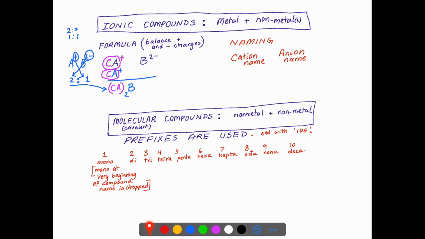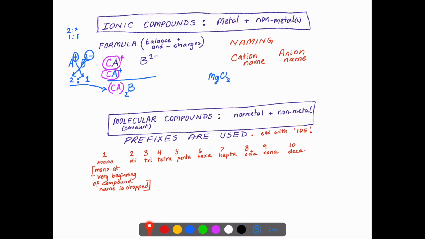Now when you name the ionic compounds, this is very important. When you name the ionic compounds, you just put the cation name followed by the anion name. For example, let's say I have MgCl2. You know that it's an ionic compound because it contains a metal.